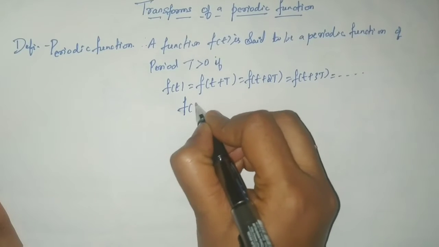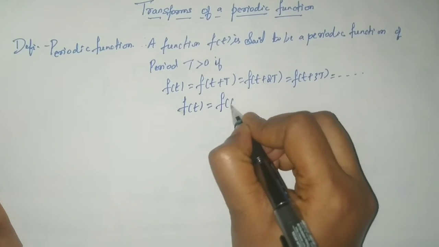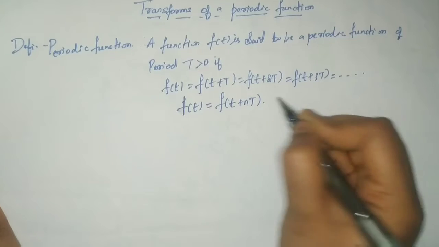So we write f of t is equal to f of t plus nT.